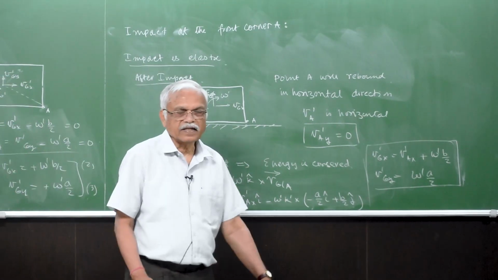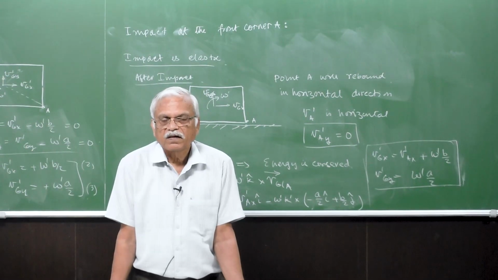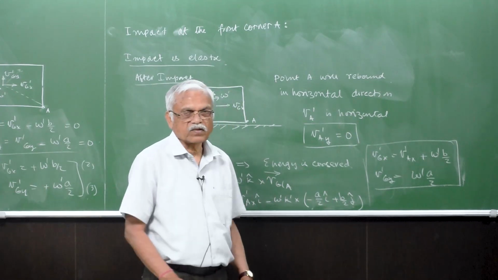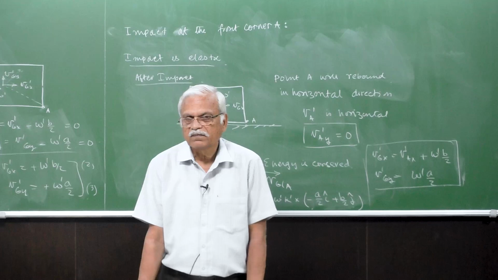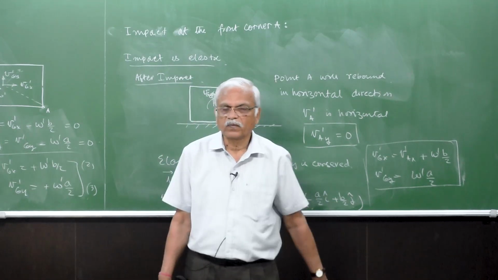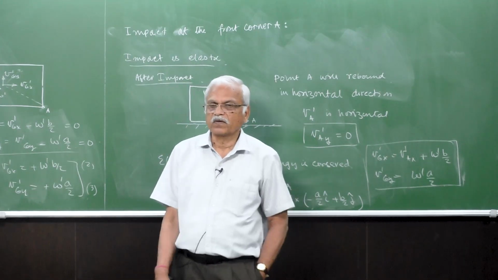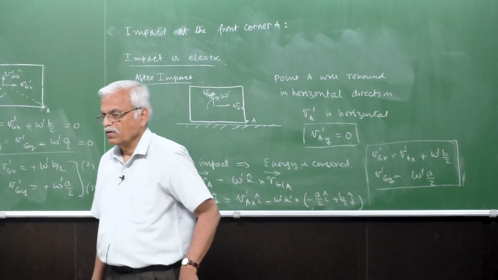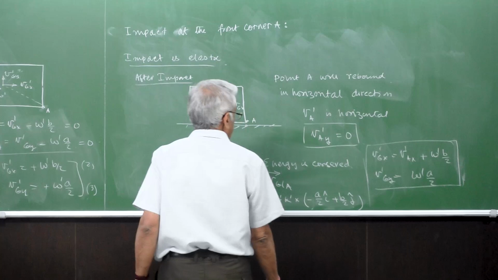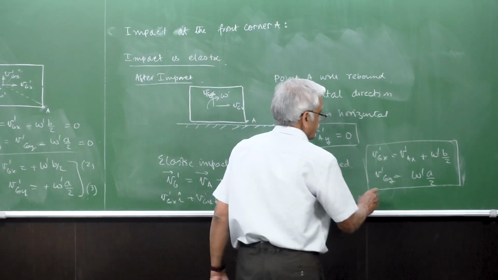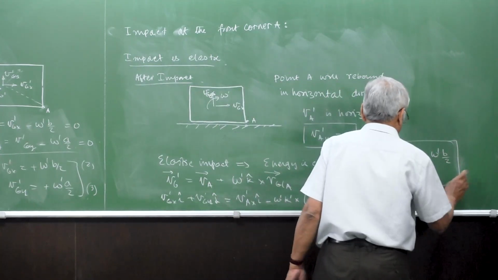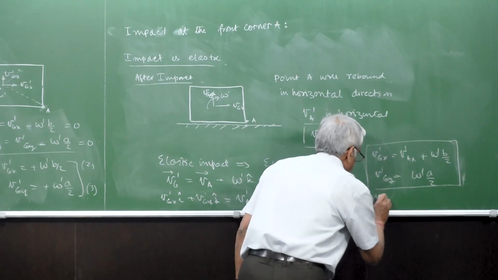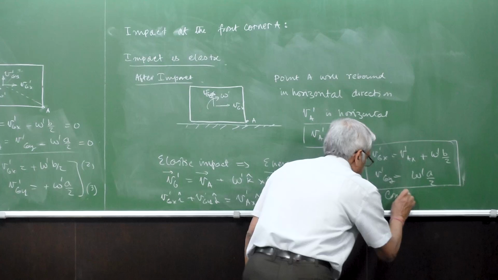So what is the other equation which comes into the picture? The other equation is because of the nature of the collision, which is elastic, so we do not lose energy. So one more equation is conservation of energy.